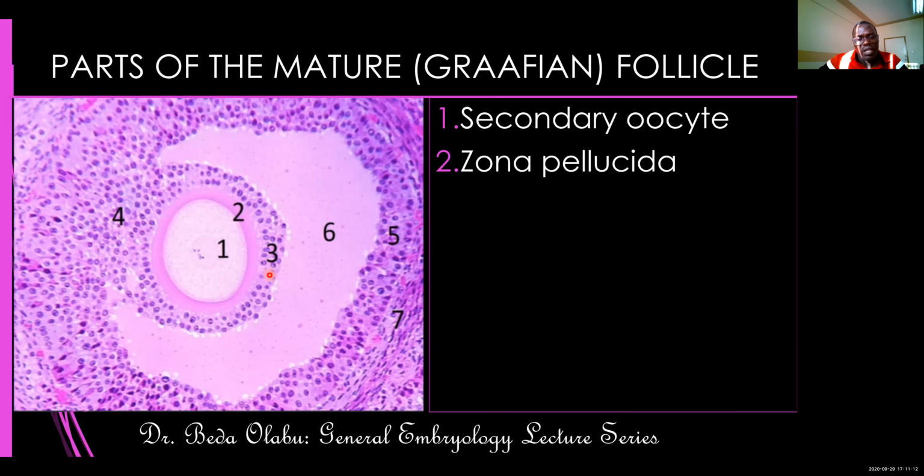The ones labeled 3, 4, and 5 represent different populations of follicular cells. We have follicular cells existing in 3 different populations. The population of follicular cells immediately outside the zona pellucida is known as the corona radiata.